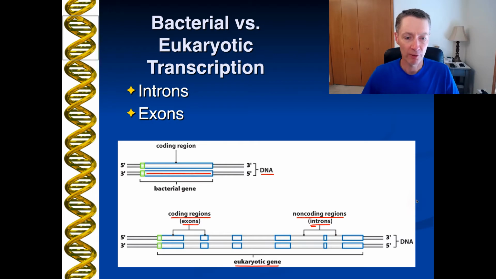Now there are a lot of thoughts about why we have this kind of junk DNA in eukaryotic chromosomes. One thing is that perhaps these regions were once coding for something, and through evolution they were not as useful, so they weren't ultimately used as part of the gene.